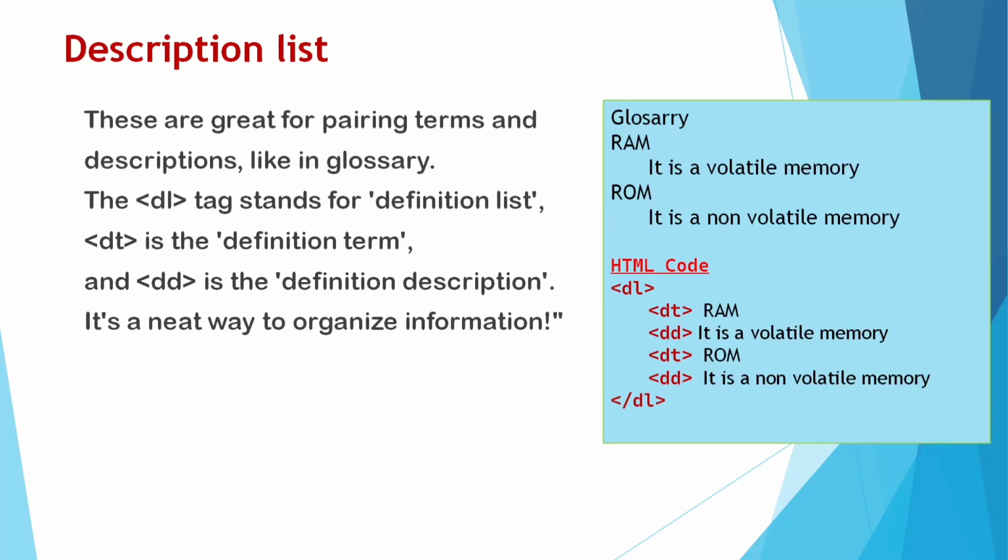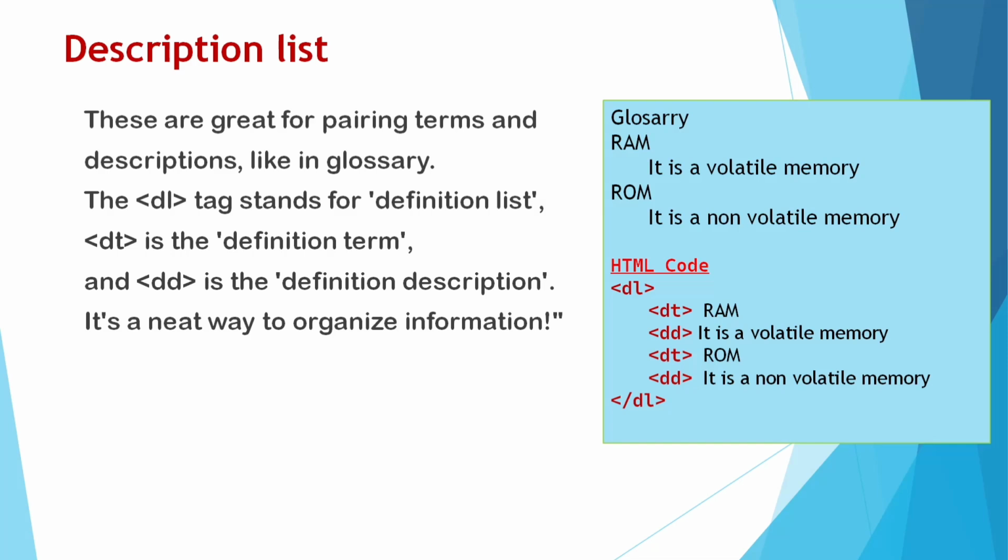Description list: when you want to create a glossary, like in your book at the end you will get some important terms or glossary. There you will see one term is written and the term's definition is there. So at that moment we can use a description list.